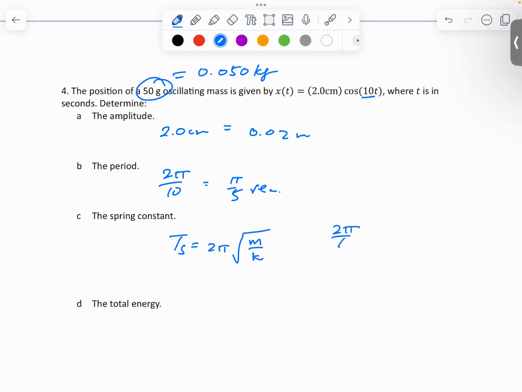So 2 pi over 10 is equal to 2 pi, and then 0.05 kilograms over K. The 2 pi got canceled out. So it's basically 1 over 100, and then 0.05 over K. So K is equal to 5, 100 times 0.05.